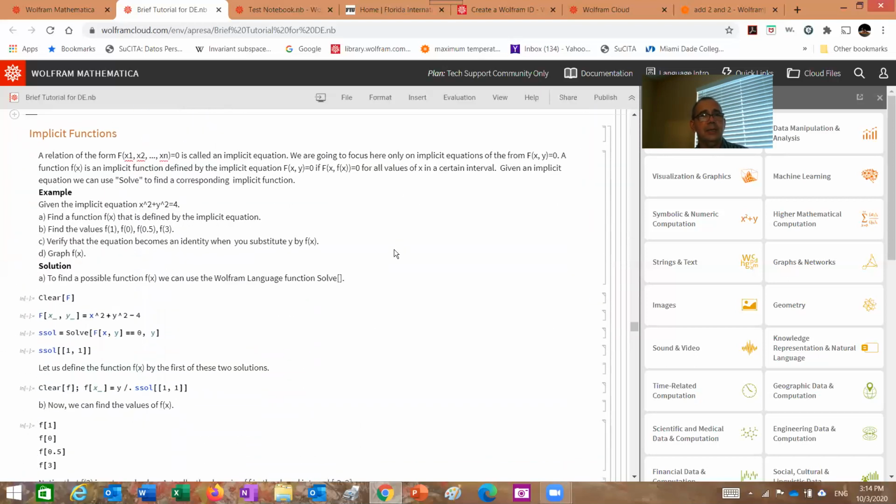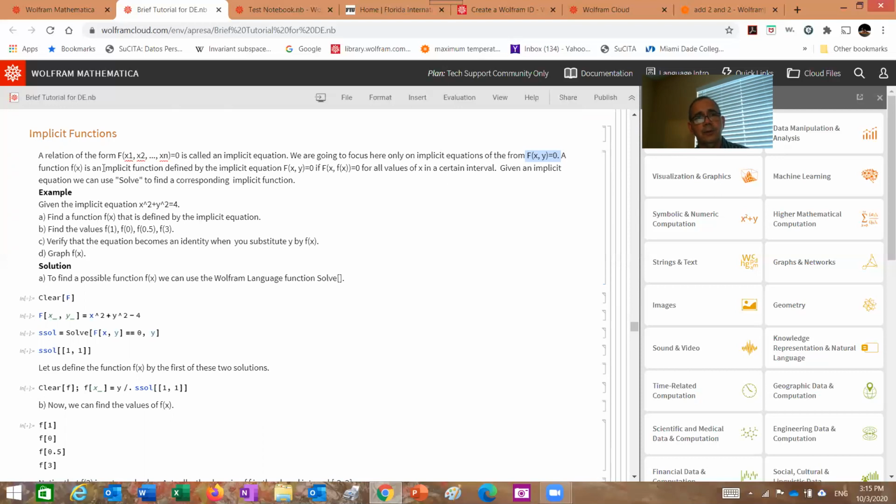Well, actually, implicit functions. We can also graph implicit functions. First we can deal with implicit functions. Implicit functions are defined by implicit equations. In this notebook, we're going to focus on implicit equations of this form: F of x comma y equals 0.